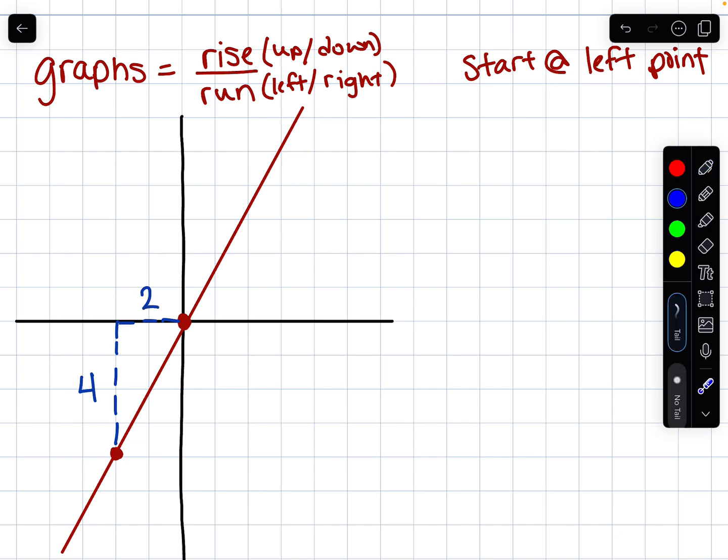Right? Because I would be sitting here, and then I would count 1, 2. So what would my fraction be for slope here? If I went up 4 and right 2. 4 over 2. And then I would just simplify that to what number? What's 4 divided by 2, you guys? 2. Okay.